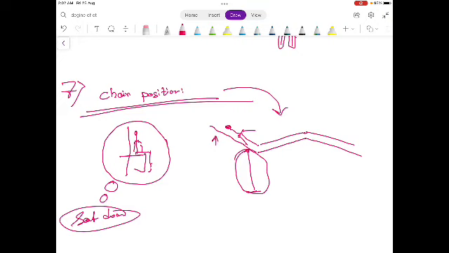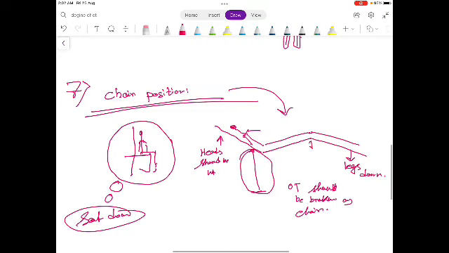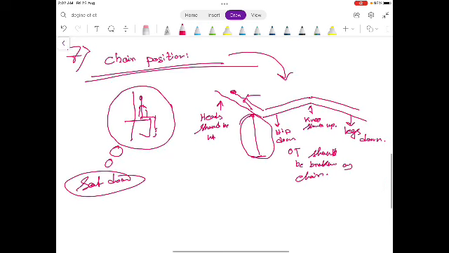So how do we think of this chair position? This is obviously the OT table stand. The head should be up, obviously the OT table should be broken as a chair, legs are down always, knee should be up, and obviously hip position should be down.